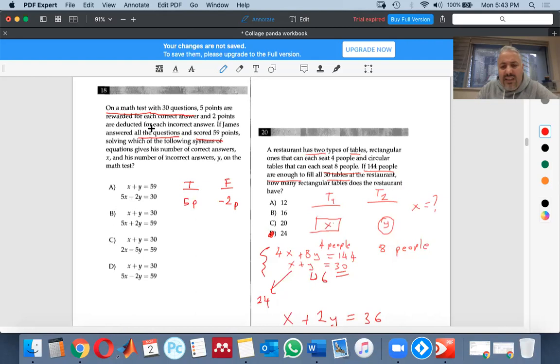So let's say like this. How many true? I don't know. Let's say X. How many false? I don't know. Let's say Y. And what I know, it says that on a math test there are 30. So if 30, wrong and right, totally must be 30. So this is satisfied. So result could be any of them, A, B, C, D.